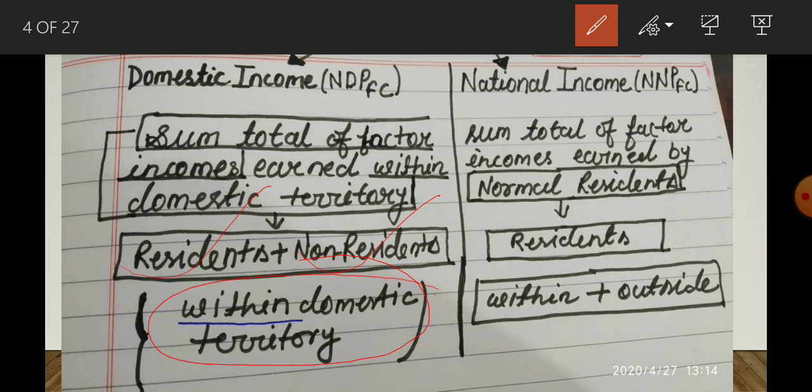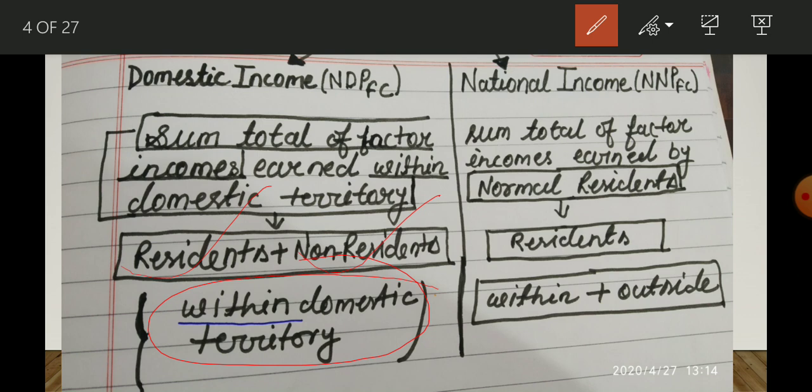So domestic income is the sum total of all the factor income within the domestic country. We don't concern ourselves with who is earning. We are not going to focus on that factor. We include the earning of both Indians as well as foreigners.